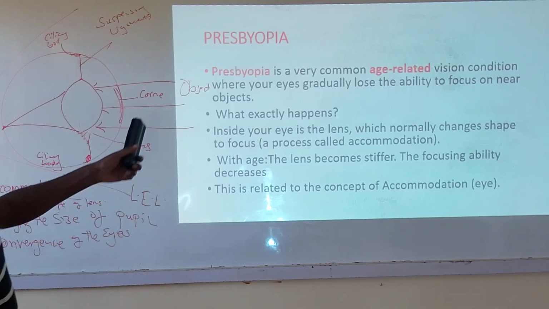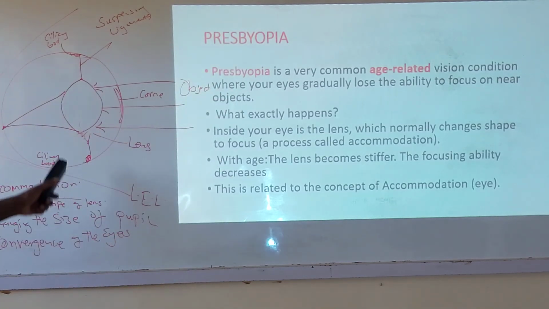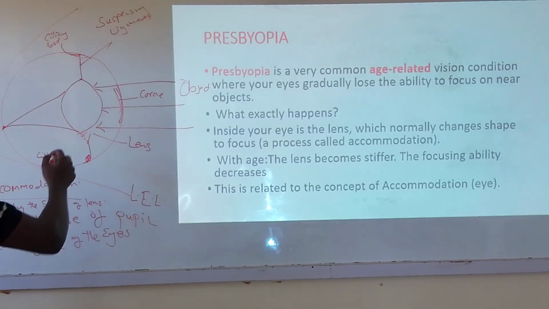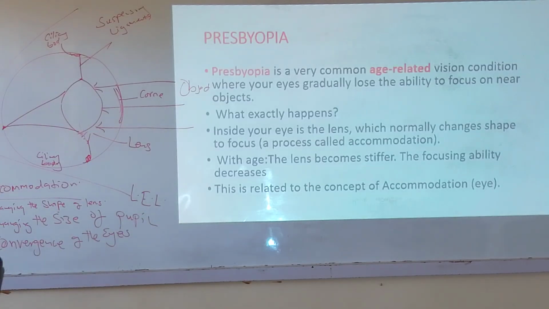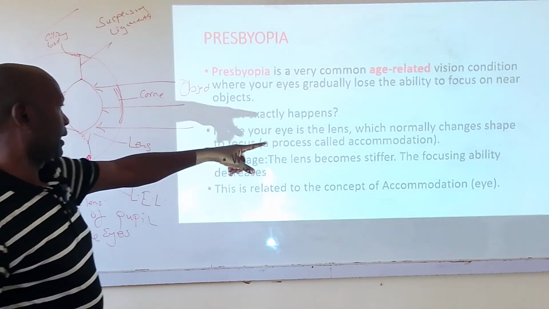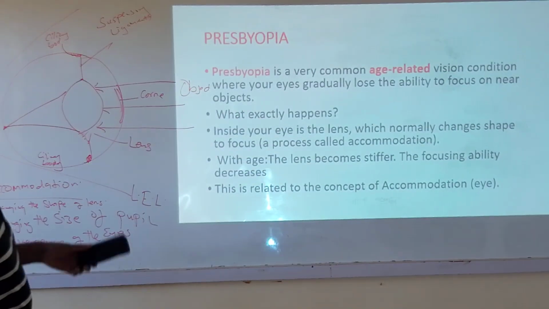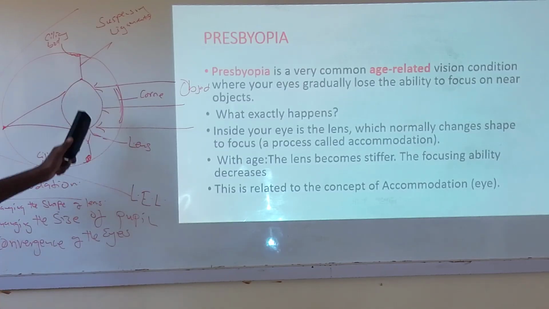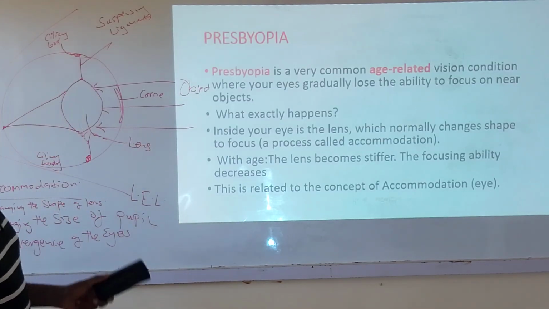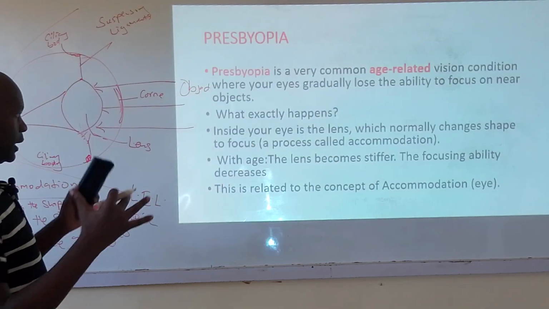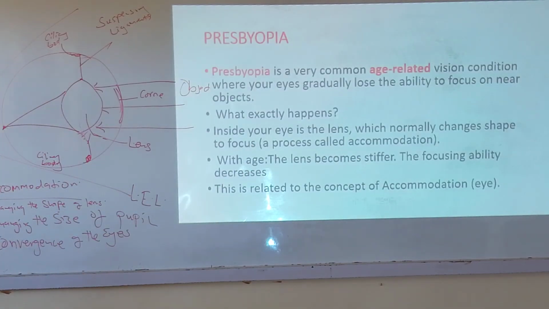So what happens in presbyopia, these patients, because of age, this lens loses elasticity. Inside your eye is the lens, this is the lens. And their work is to change the shape so as to focus on an object.